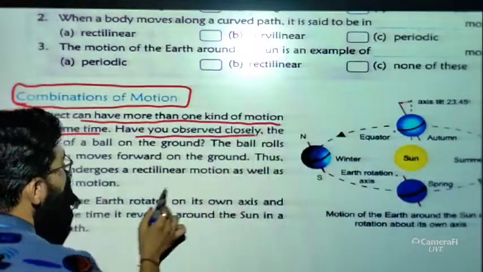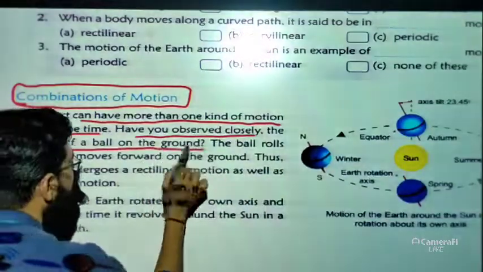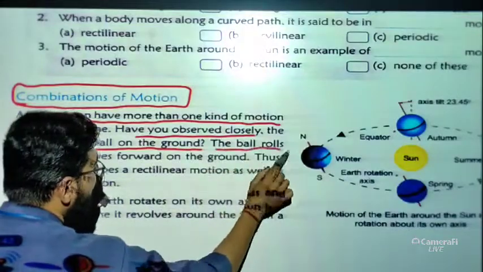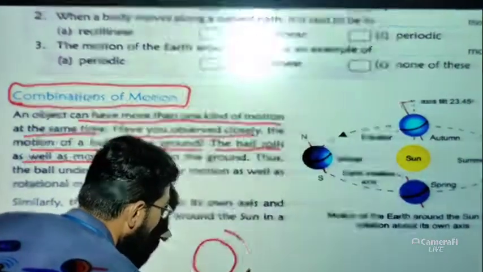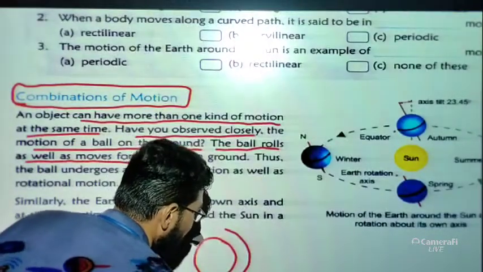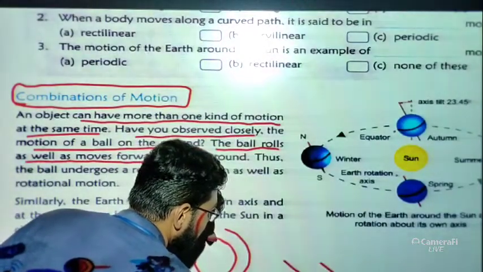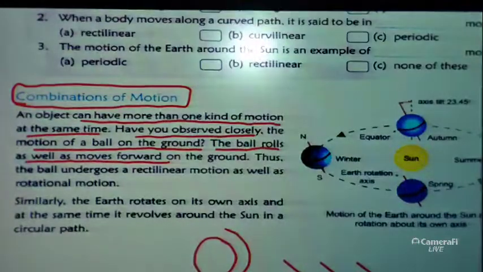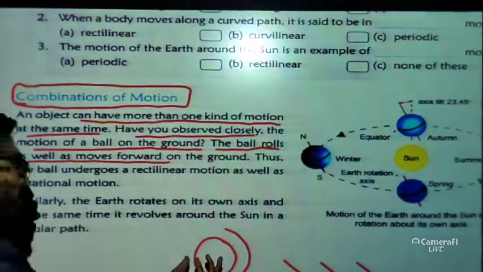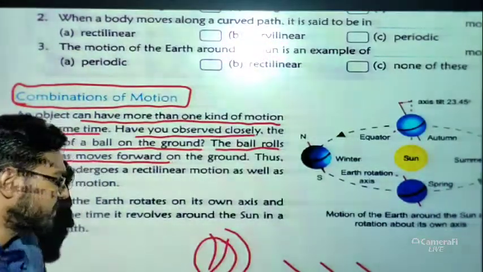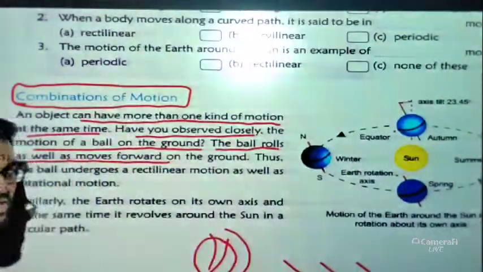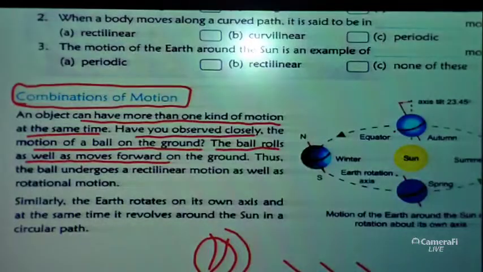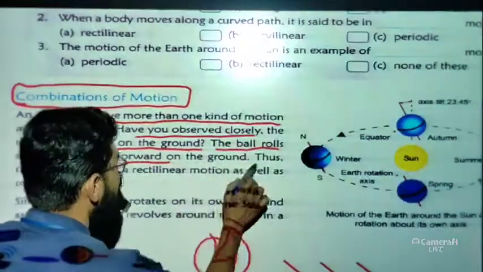Now have you ever observed closely the motion of a ball on the ground? The ball rolls as well as moves forward. The ball will roll itself and it will go forward, so you can easily find out that two kinds of motions are there.